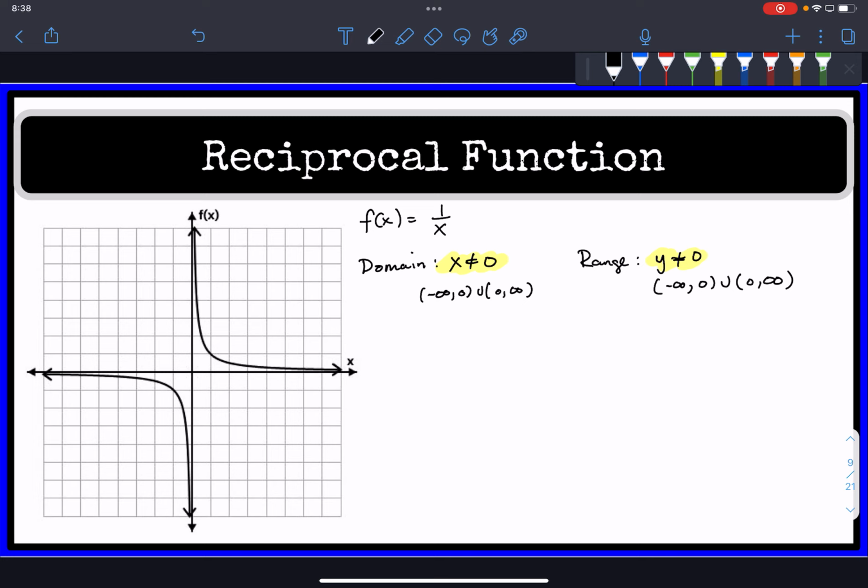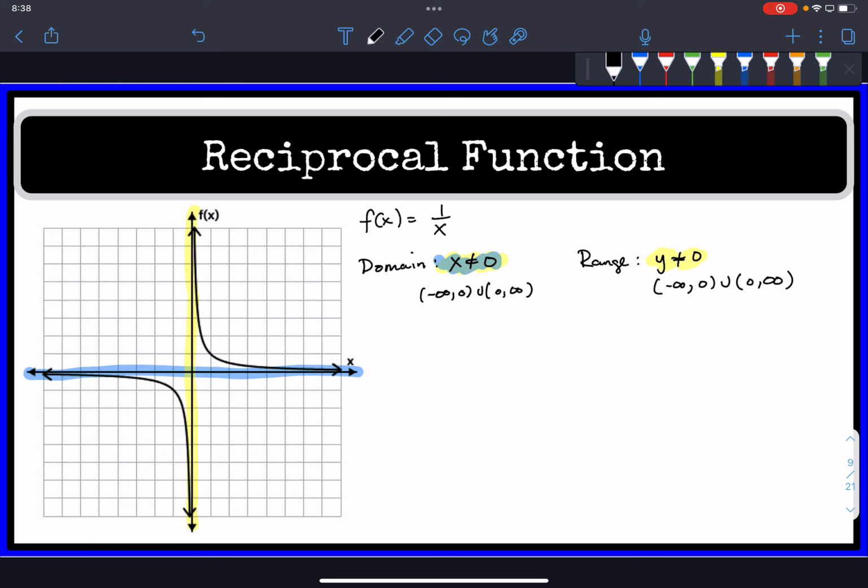Now, because our domain doesn't include 0 and our range doesn't include 0, we do not include this, nor this. Let me color coordinate them differently. Let's do this in blue, and then we'll keep y equals 0 in yellow.